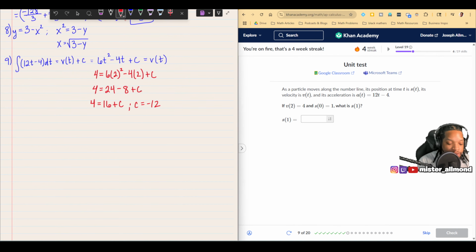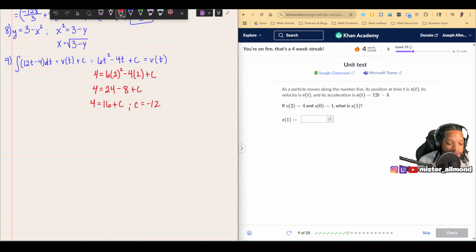All right, so I got my c. So here's what I know for a fact. I know my velocity is equal to 6t squared minus 4t minus 12. And notice how if I derive that, I would get 12t minus 4.